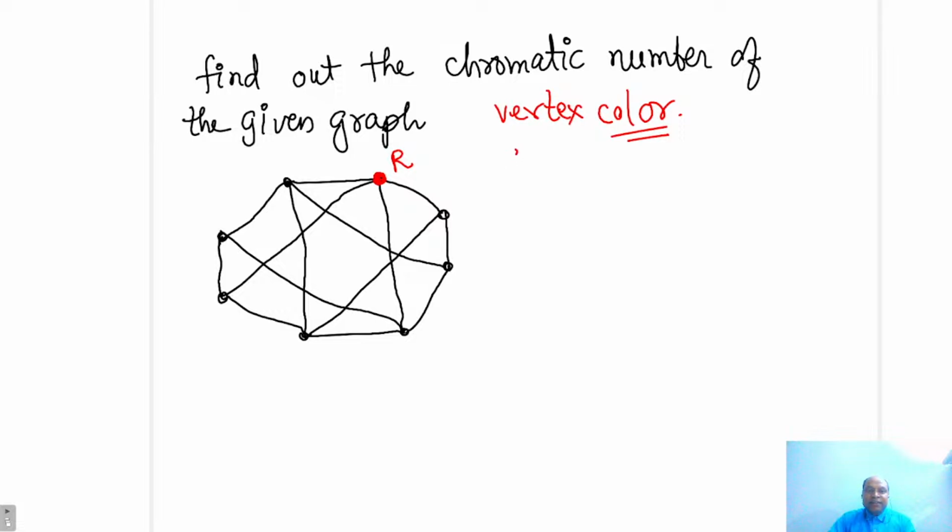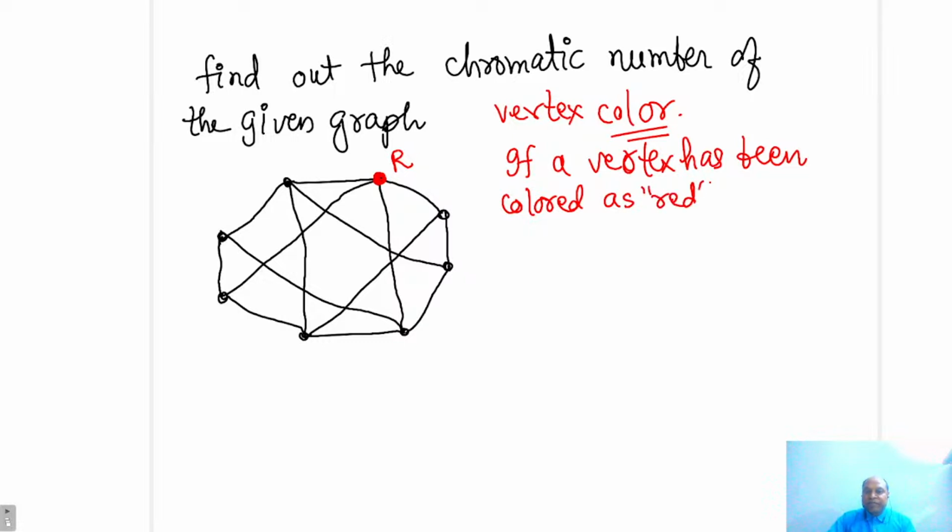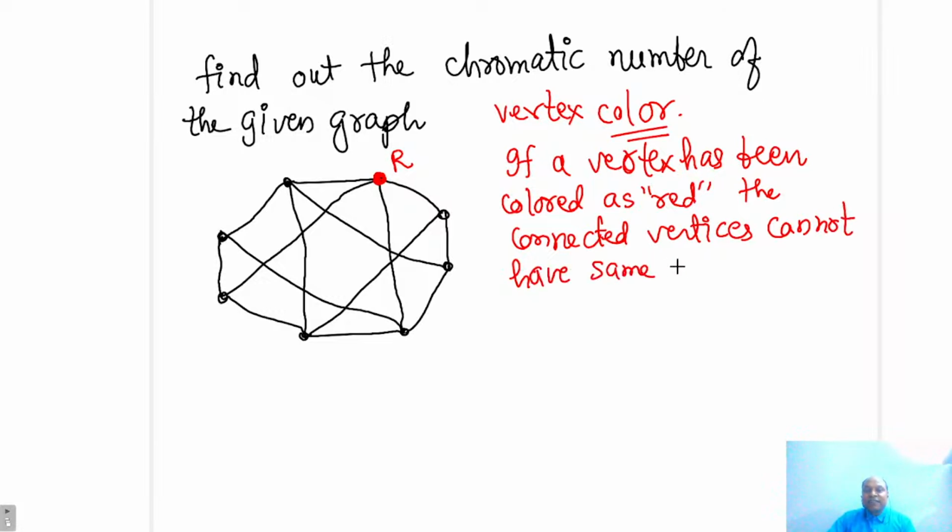That means if a vertex has been colored red, the connected nodes or vertices cannot have the same color.